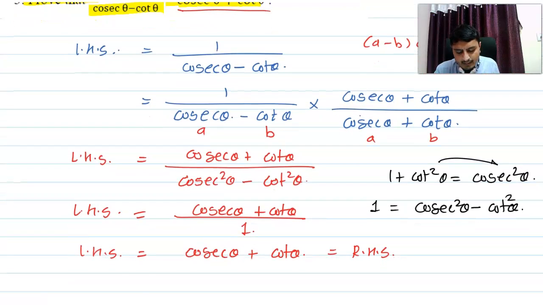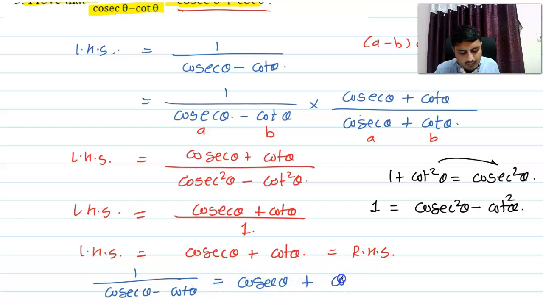Hence we write at the last, 1 upon cosec of theta minus cot of theta equals cosec of theta plus cot of theta. Hence we have our proof here.